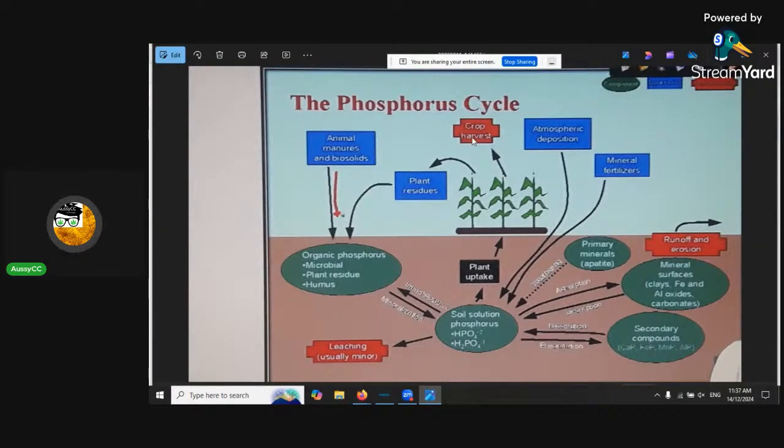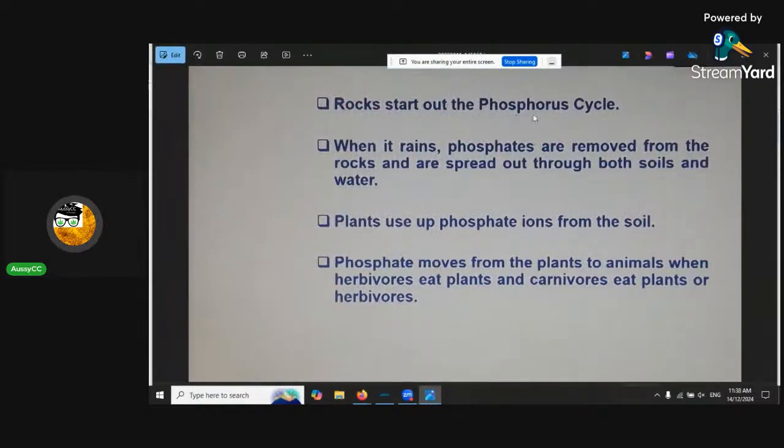This is pretty relevant, especially for organics, because you want to know where to get phosphorus, to be there to break down later on to be available for the plant. So rock starts out as the phosphorus cycle. When it rains, phosphates are removed from the rocks and spread out through the soils and water. The plants take up these phosphate ions from the soil.